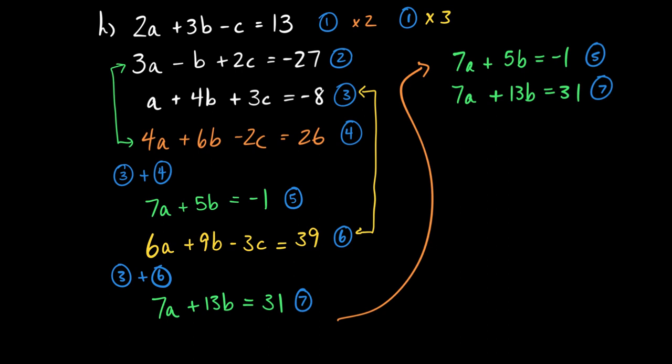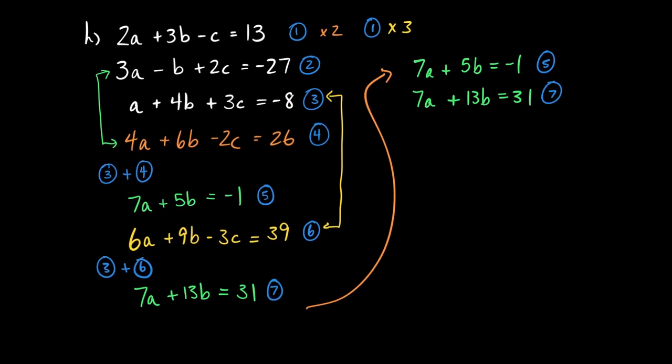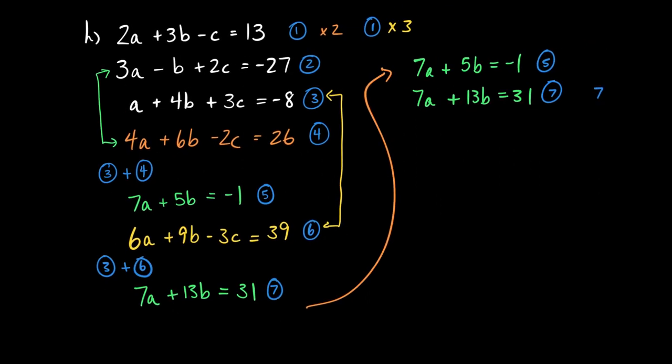Okay, you take a look at the system we've got, and that's a nice, easy one to solve, because take a look at your a terms. They both have the same number of a's. So when I take a look at those two equations, I'm just going to slide over my screen, equation 7 and subtract equation 5 to eliminate my a's.